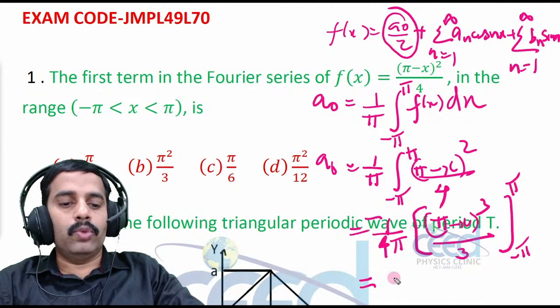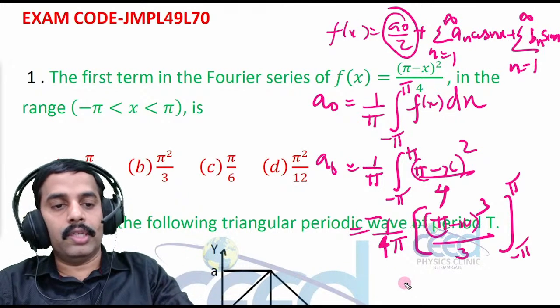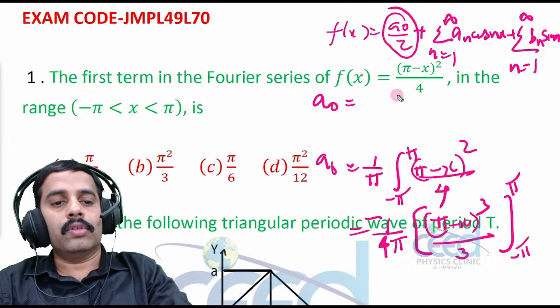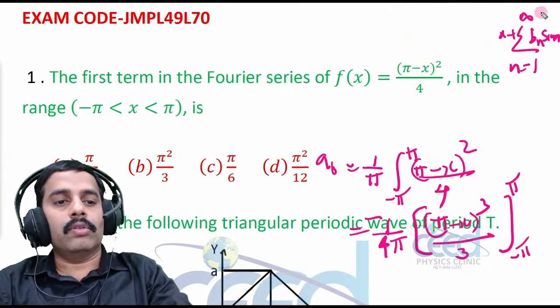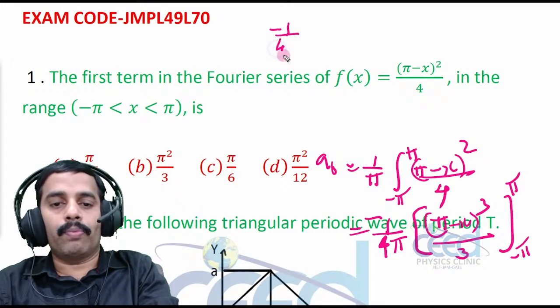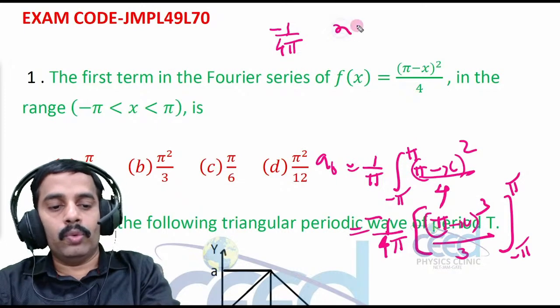So that is equal to minus 1 by 4 pi. Let me substitute the limits. When I substitute pi, this part will be 0. When I substitute minus pi, this will be (2 pi) whole cube.